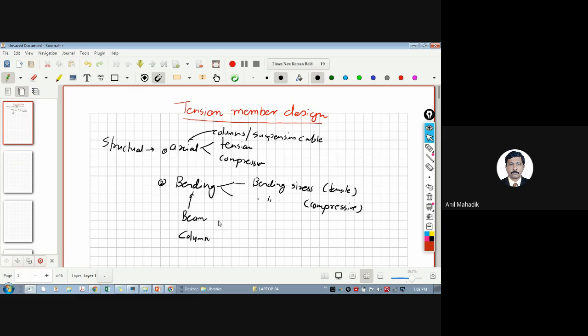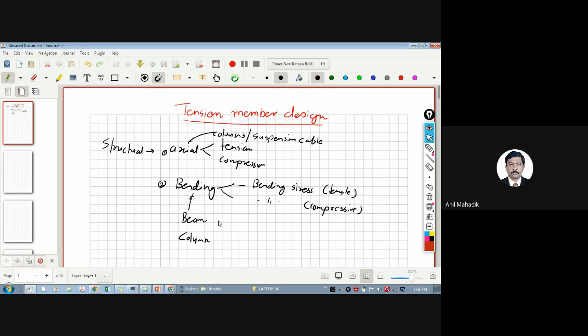Now let's say the fundamental or basic part of any force is nothing but an axial force. This is a very conceptual force. Even in bending, you will see that there is a tensile force and there is a compressive force.